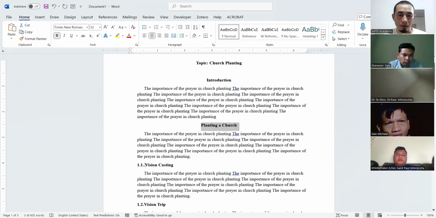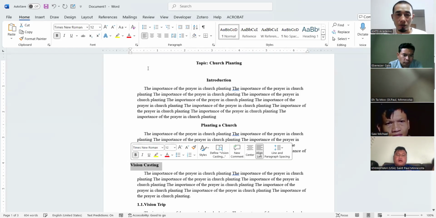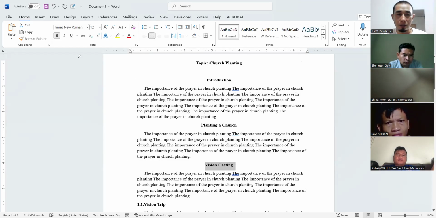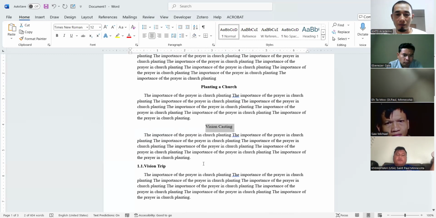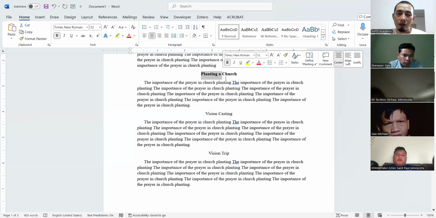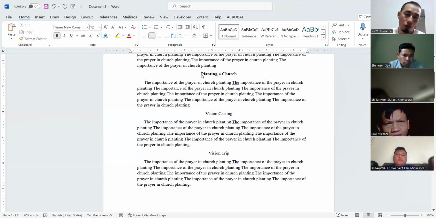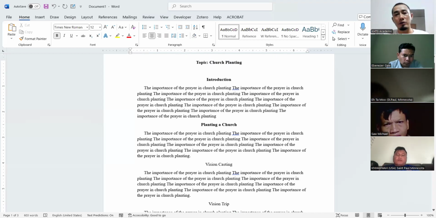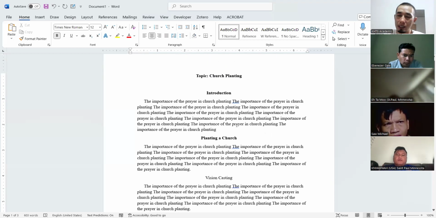This one we will bring to the center, but it should not be bold. These are second level headings. And this is also a second level heading. Why? Because we are breaking down something under planting a church. Step by step for planting a church, for example. Let's just imagine it that way. Do you get this formatting clearly?